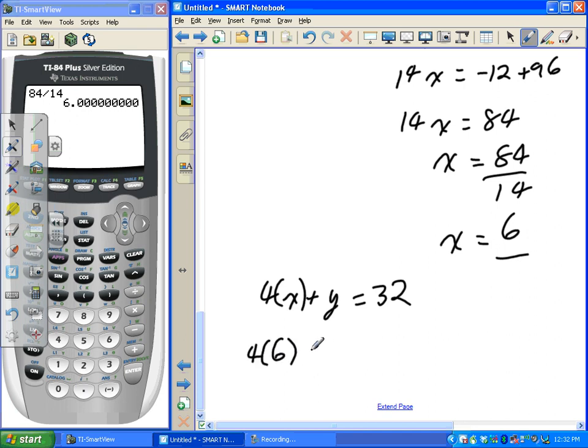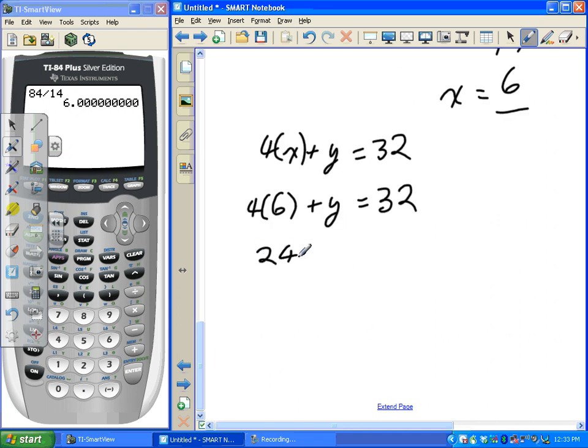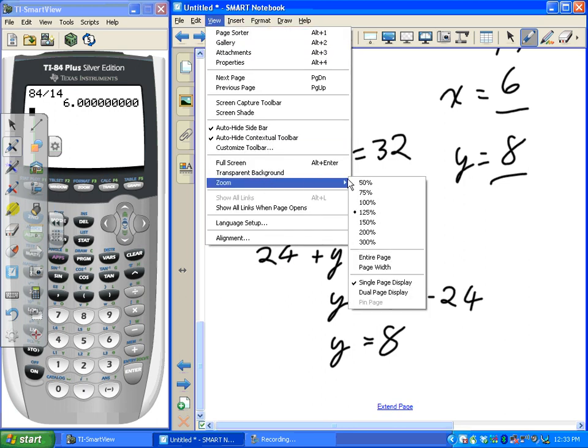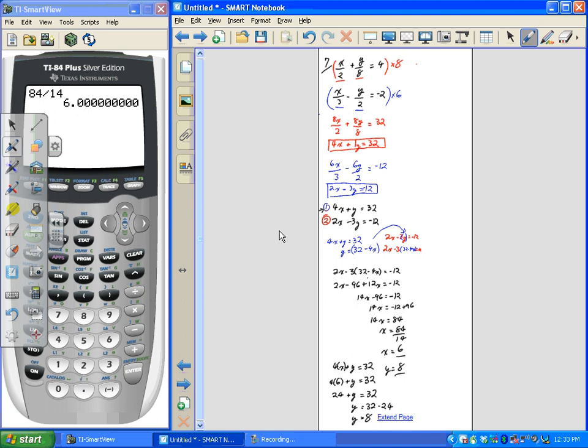So I have 4 times 6 plus y equals 32. 4 times 6 is 24 plus y equals 32. And when I bring 24 to the other side, it becomes negative. Y is equal to 8. So x is 6 and y is 8. A very, very long question. Took a lot of work to solve that one.